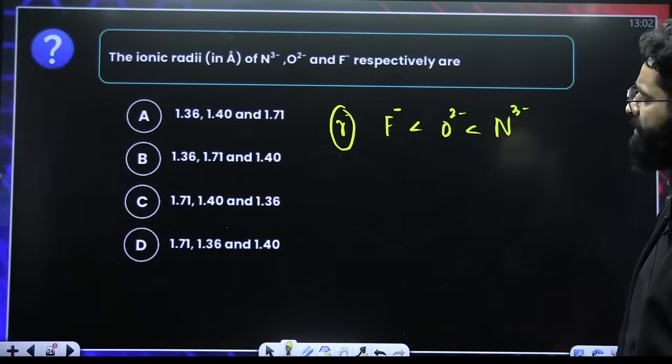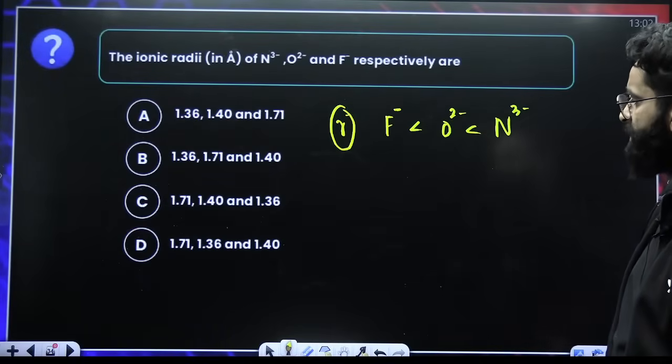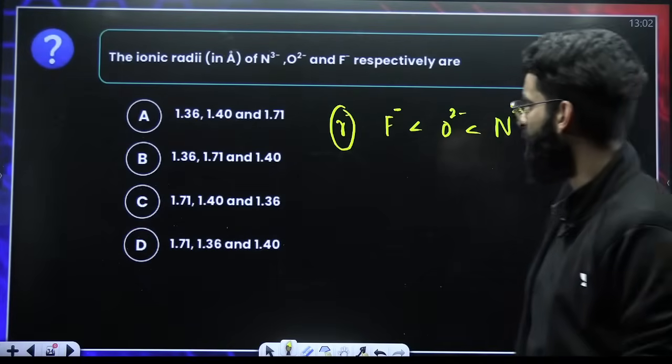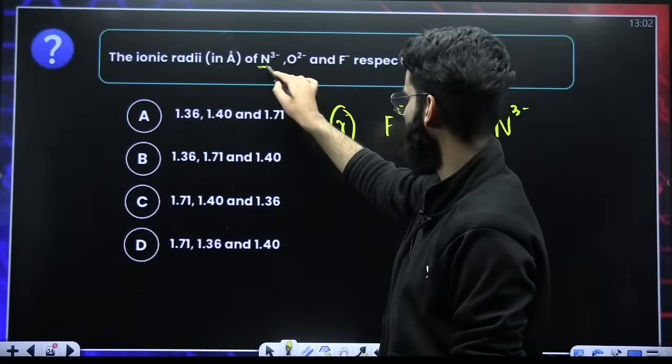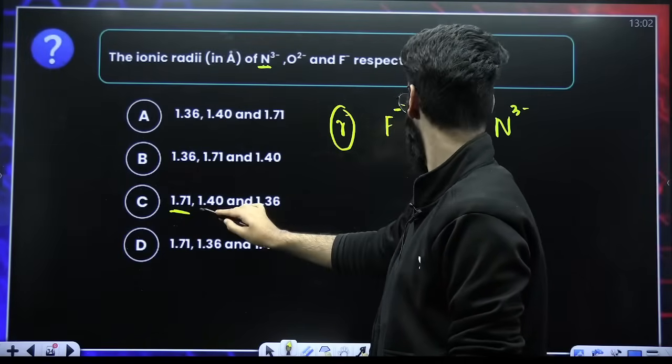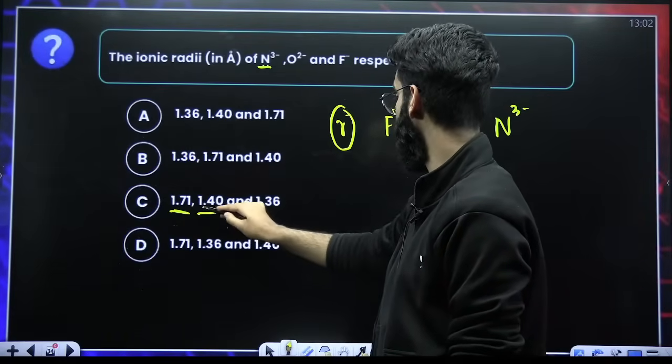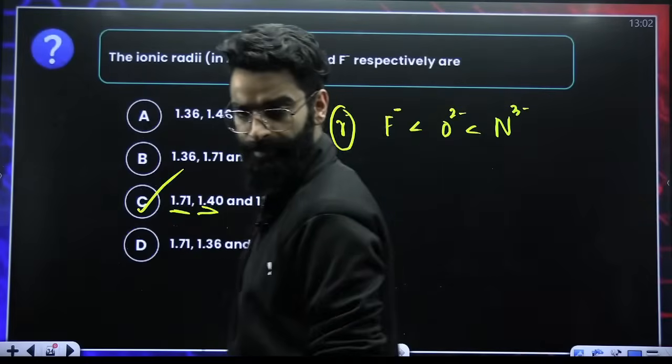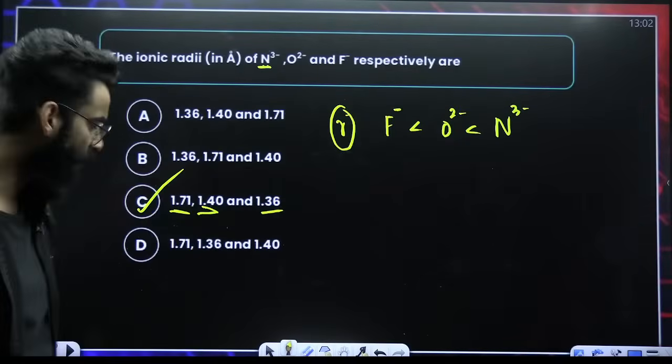N tri-negative should have maximum radius, 1.71. Then O di-negative. Then this. Option C.